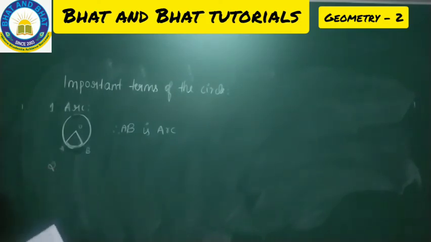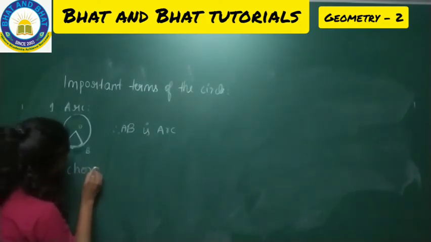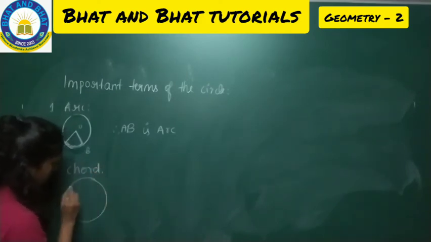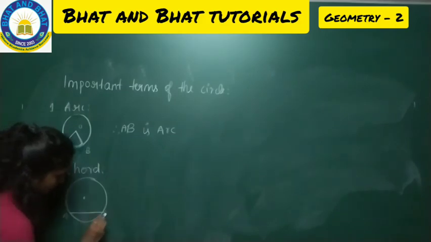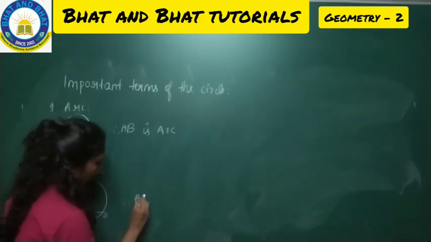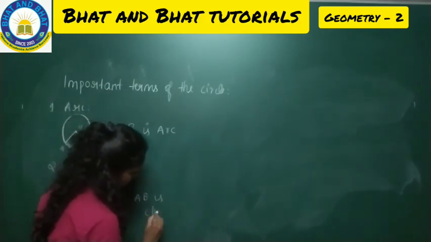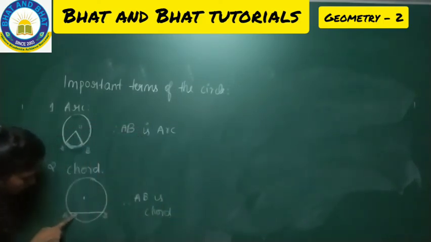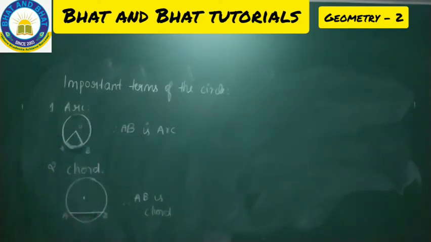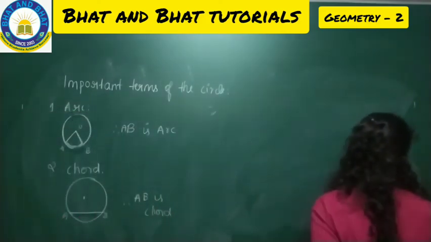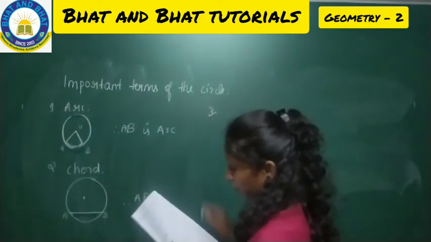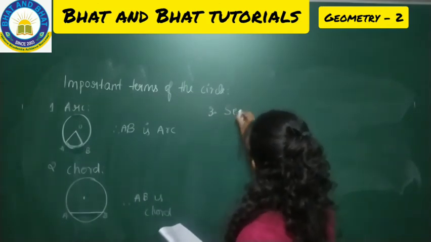The second one is chord, C-H-O-R-D. Draw one circle, keep the midpoint, and draw one line, give the name as AB. Therefore, AB is called a chord. And coming to the third one, that is secant.